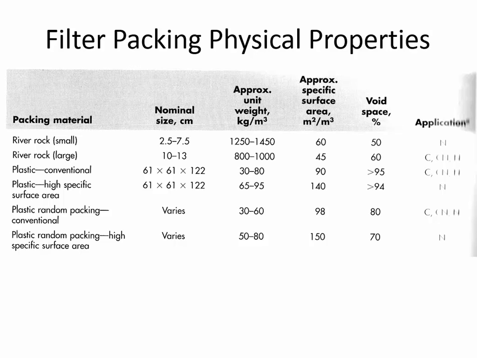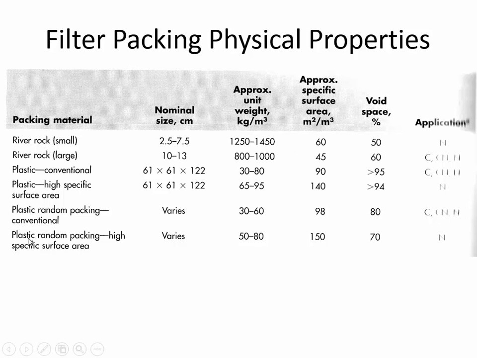Also, if you look here in the application column, this is a table from the textbook. It shows where nitrogen removal is possible and where the removal of carbonaceous material is possible, and you can see that actually all of these have the potential to remove nitrogen.